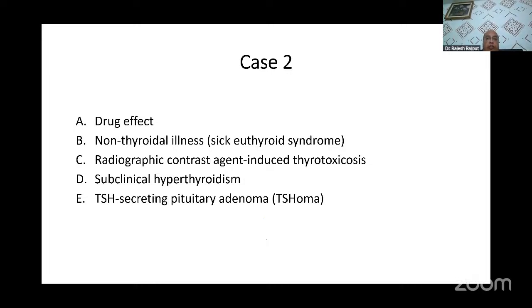What is the reason for this TFT or interpretation? Again, you can have your poll or somebody can say, and I have again given the 5 choices: drug effect, non-thyroidal illness, radio contrast associated thyrotoxicosis, subclinical hyperthyroidism, TSH secreting pituitary adenoma.